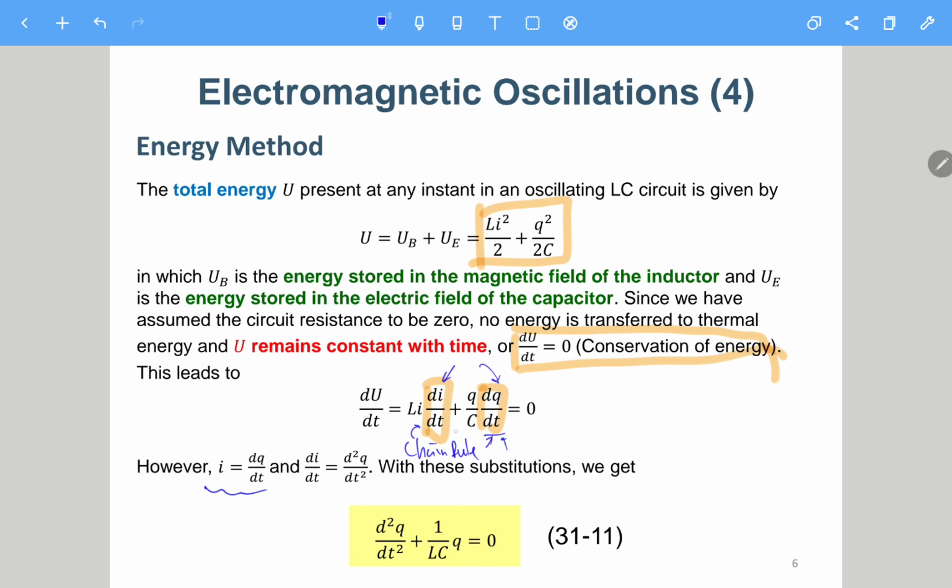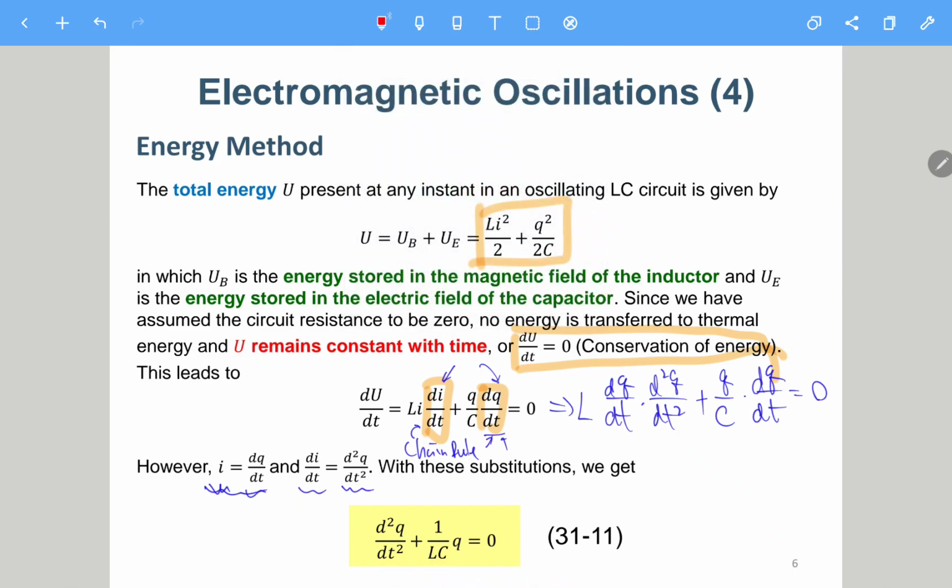So we substitute I to be dq/dt, and taking the derivative on both sides, we have di/dt as the second derivative of Q. So we will have L times dq/dt times the second derivative of Q, plus Q over C times dq/dt, like this.